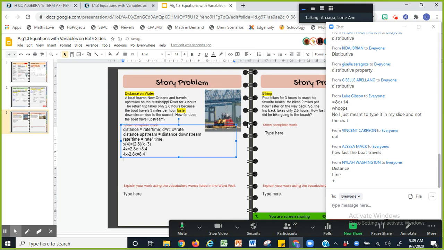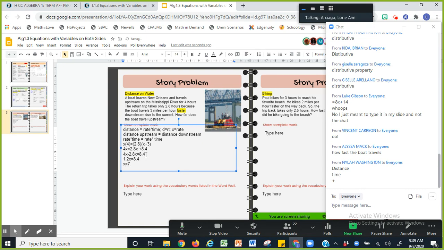So we get 1.2x is equal to 8.4. Now let me lower that instead. All right, so now we're going to divide 8.4 by 1.2. So x is equal to 7.